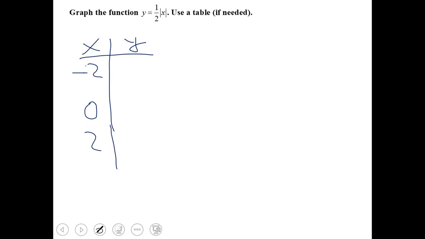So if we put 0, we get absolute value of 0, which is 0, times 1/2 is 0. Then if we use 2, absolute value of 2 is 2, times 1/2 is 1. You see, that is one of the reasons we want to have even numbers, multiples of 2 in this case. -2, the same story, absolute value of -2 is 2, times 1/2 is 1.